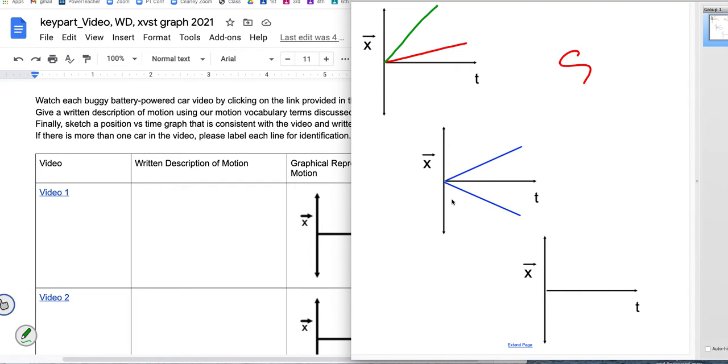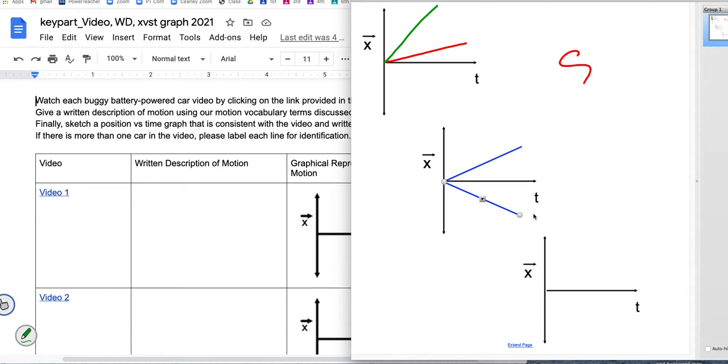Notice that the angle of these 2 lines is actually the same, even though one has a positive slope and the other a negative slope. So it would travel the same distance in the same amount of time, so the same speed, but the direction would be different.